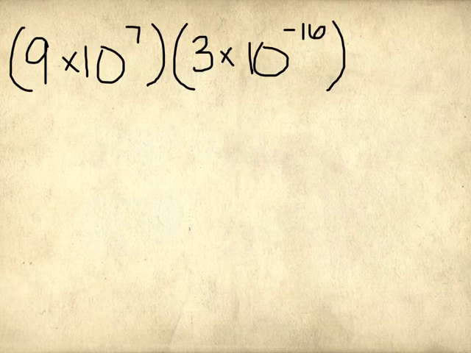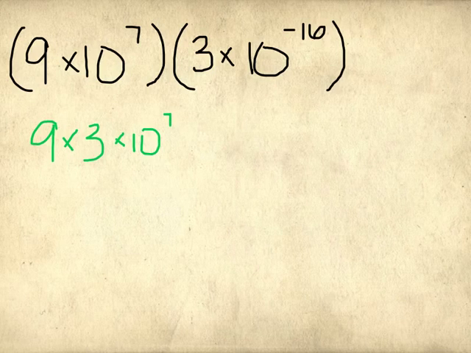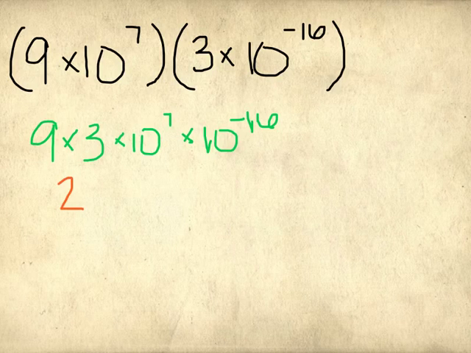Because of the commutative property of multiplication, we can rewrite this as 9 times 3 times 10 to the 7th times 10 to the negative 16. 9 times 3 is 27. And when we have the same base raised to powers, we add those together.